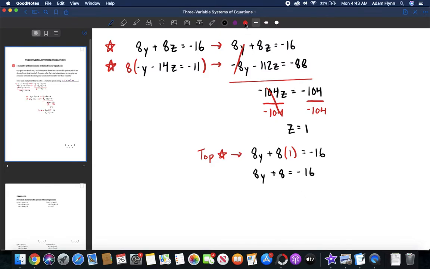I will subtract 8 from both sides. When I do that, eights cancel, and I am left with 8y equals negative 24.